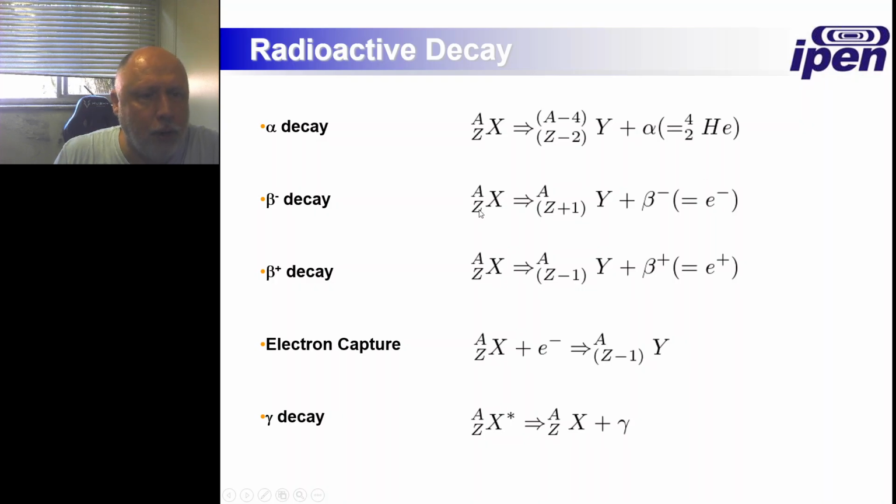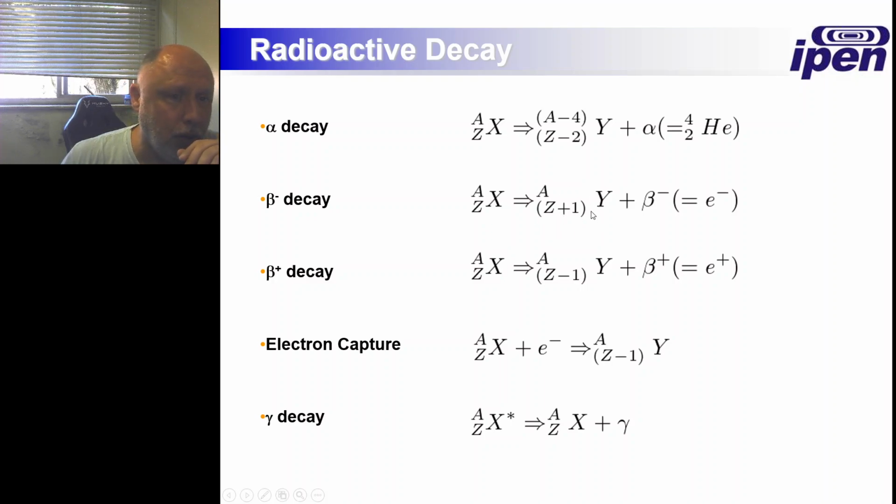If we have something that undergoes beta minus decay, what is beta minus essentially? You have one neutron that may become one proton plus one electron. So when beta decay happens, you transform one neutron into one proton, right?